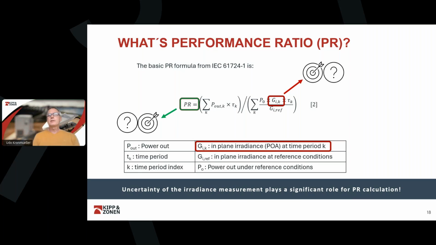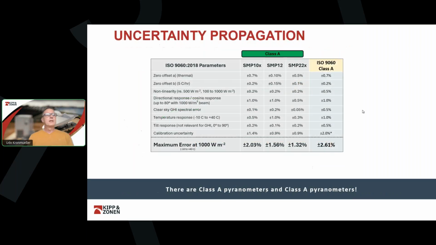Next slide, please, because let's put the uncertainties of different instruments into numbers. Craig has already explained some details of the ISO 9060. In this table, in the outside left column, you can see the parameters from ISO 9060 that finally define the quality of the pyranometer. I focused exclusively on class A pyranometers and left out classes B and C, as well as the silicon sensors.